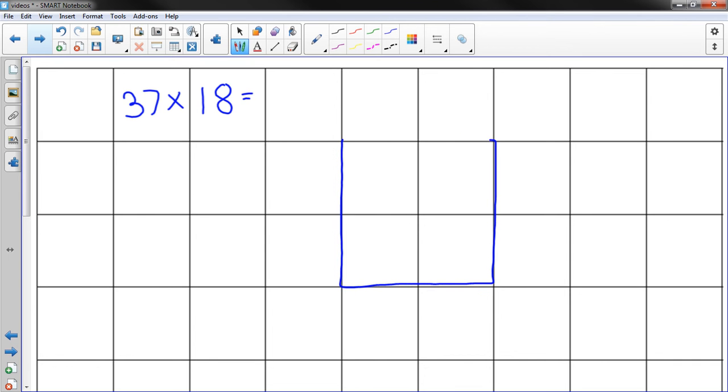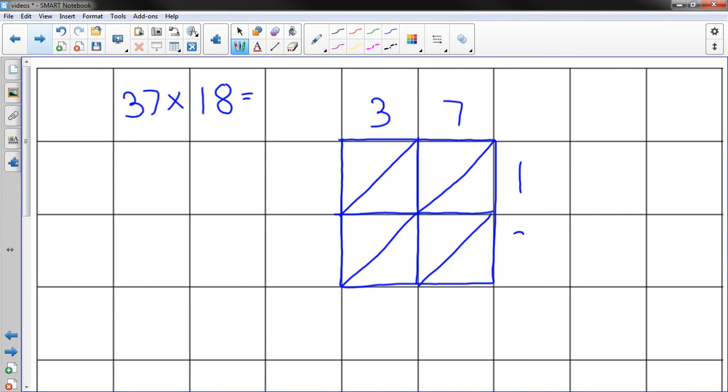Your lattice is going to be basically a square like this. Notice how the graph paper's coming in handy. Put the 3 and the 7 here and the 18 over here. And now I just have to solve these multiplication problems in these little squares.